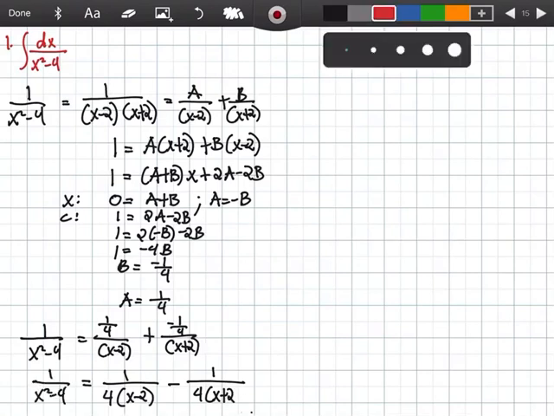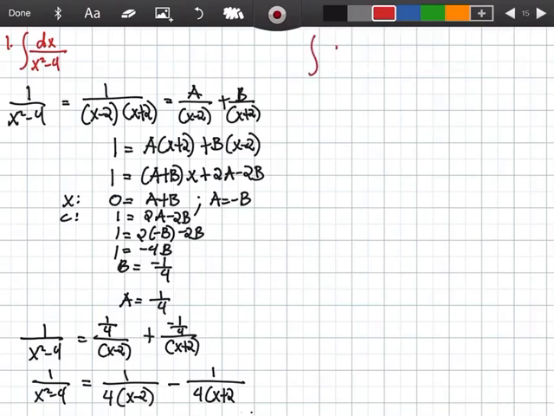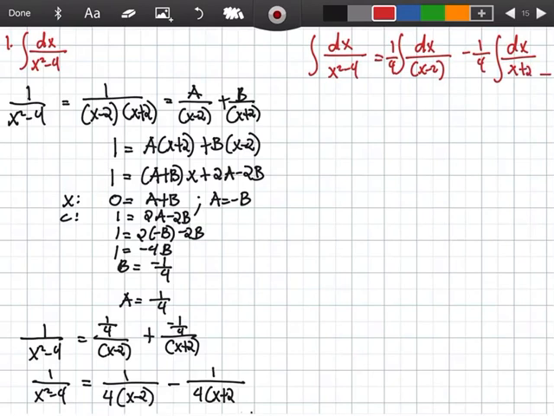So, going back to what we're integrating, class, that is dx over x squared minus 4. We can write it by separating: dx over x minus 2, taking out the 1/4, minus 1/4 integral of dx over x plus 2.